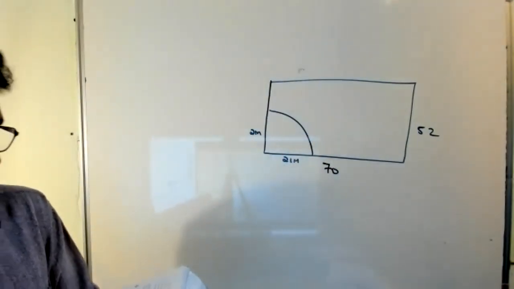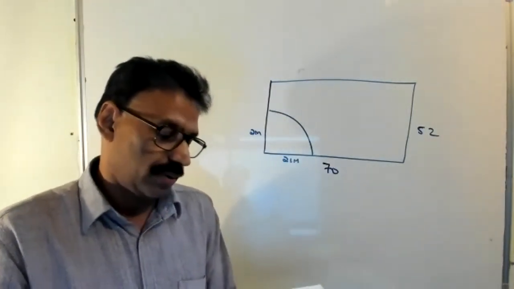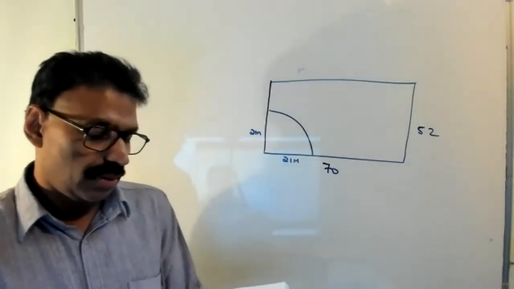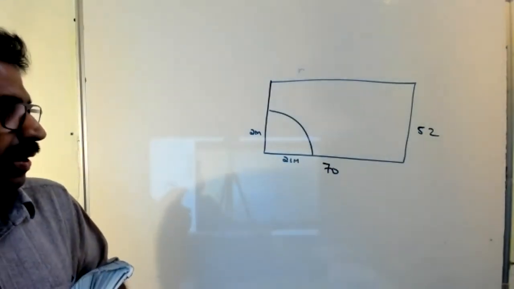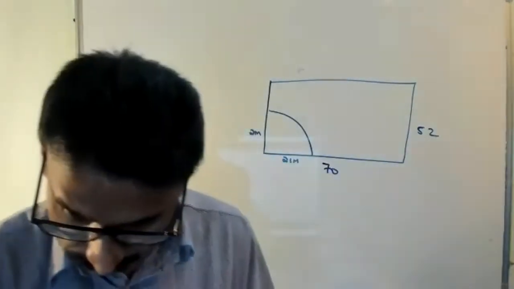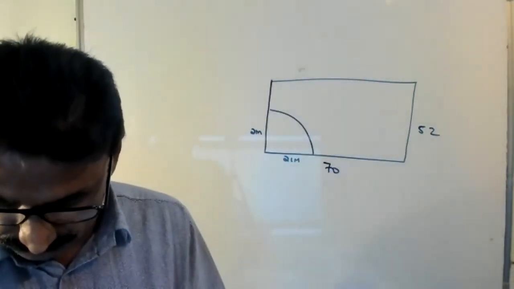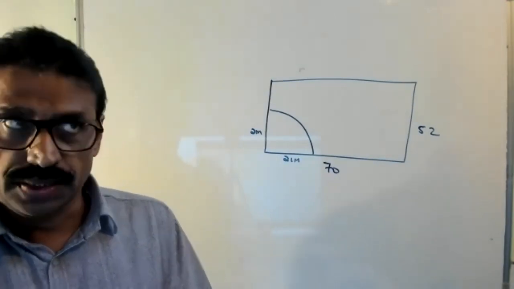Is tethered to one corner by a rope 21 meter long. How much area can it graze?